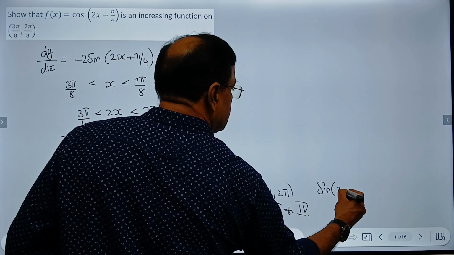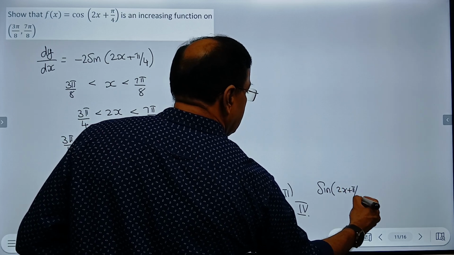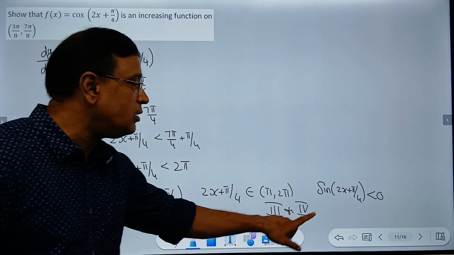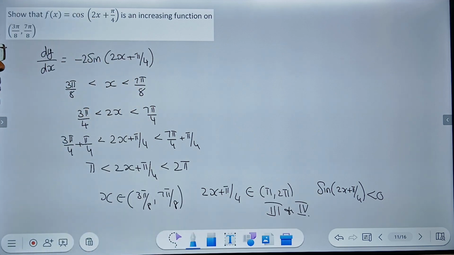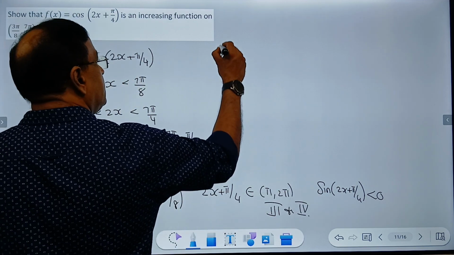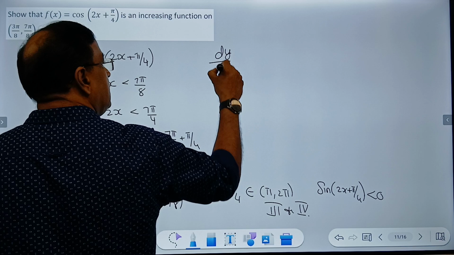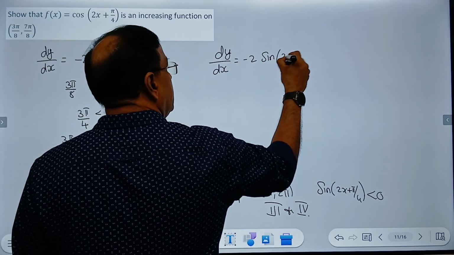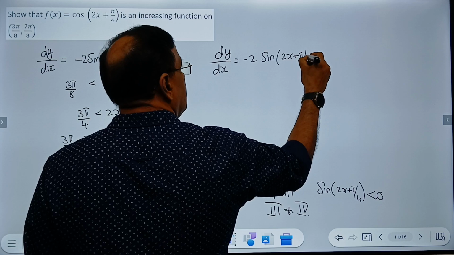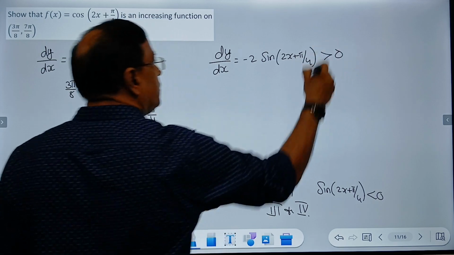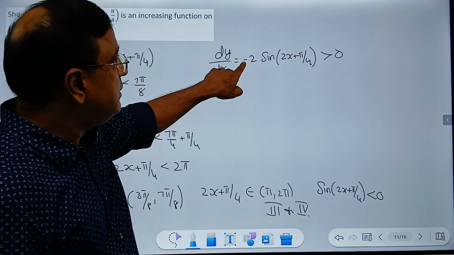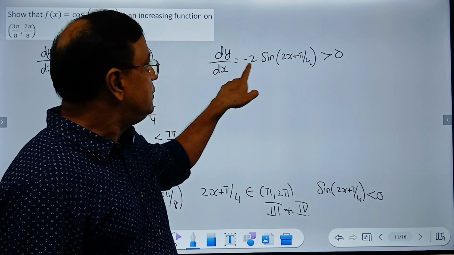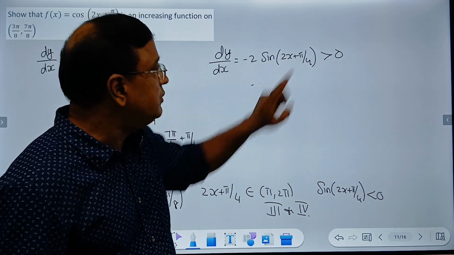Sine of 2x plus pi by 4 will obviously be negative. So what do you say about dy by dx? Dy by dx, which is minus 2 sine of 2x plus pi by 4, will be positive. Why is it positive? You have a minus sign, and sine of 2x plus pi by 4 is negative. Therefore, minus into minus is always positive.